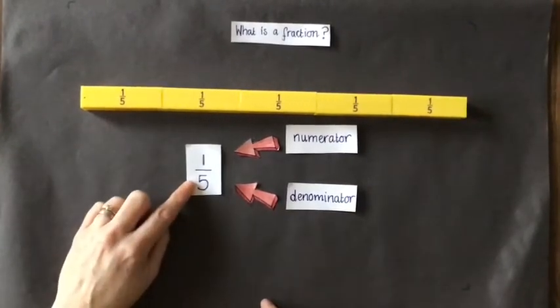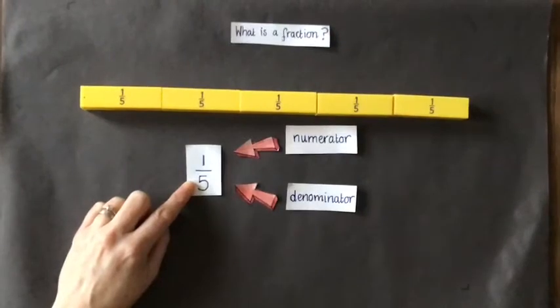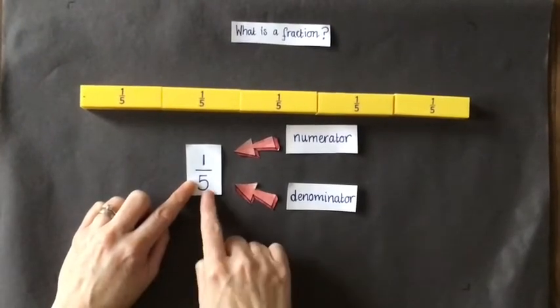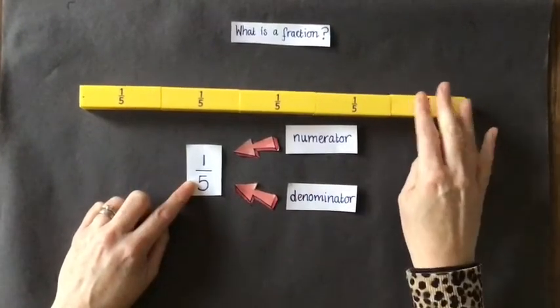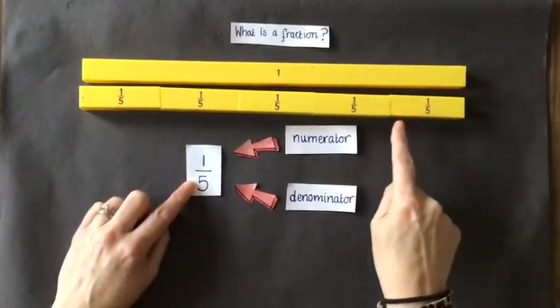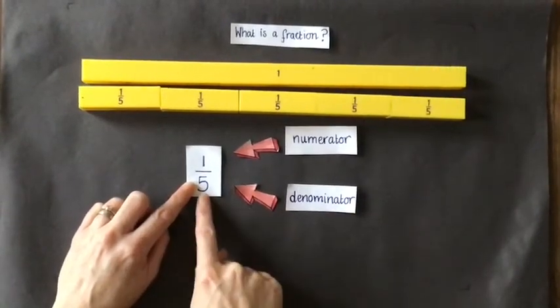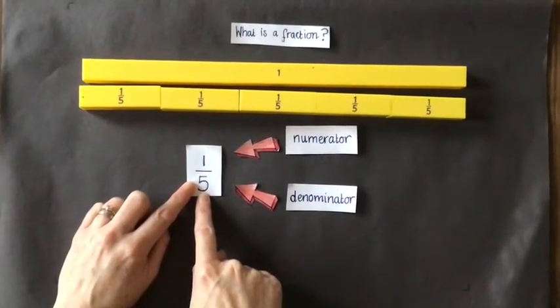Now, the denominator tells us how many parts the whole has been split up into. In this case, we've got fifths, and the whole, one whole, has been divided up into 1, 2, 3, 4, 5 equal parts, and that's what the denominator represents.